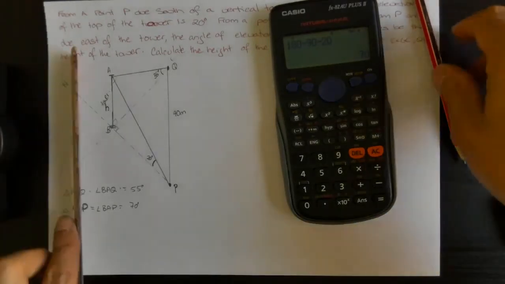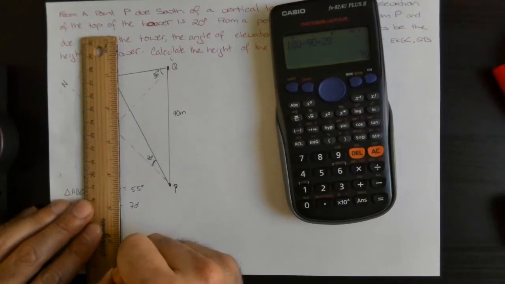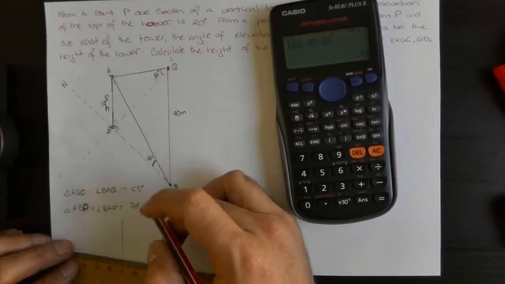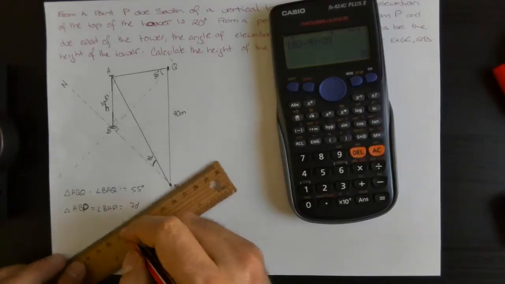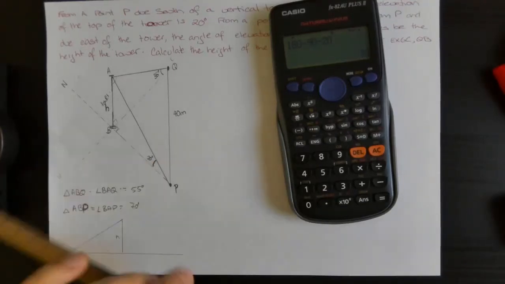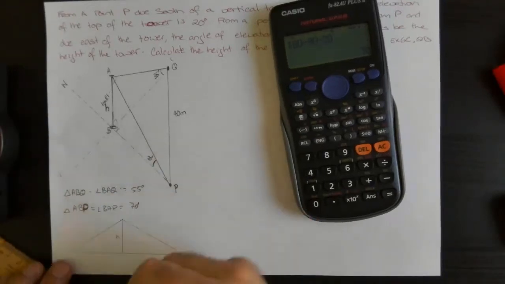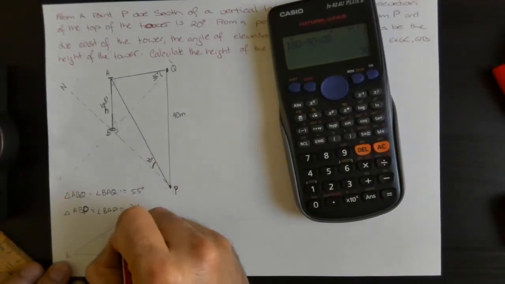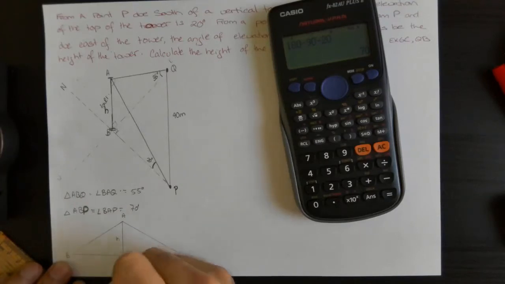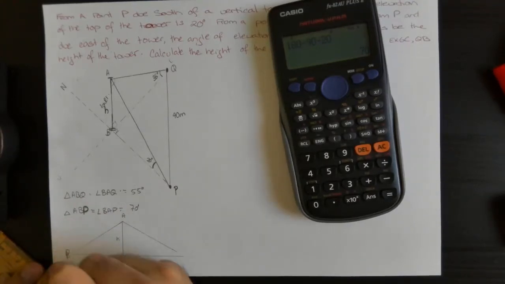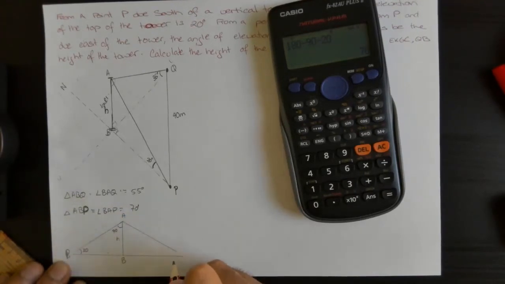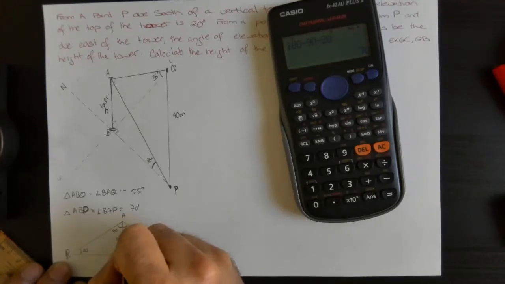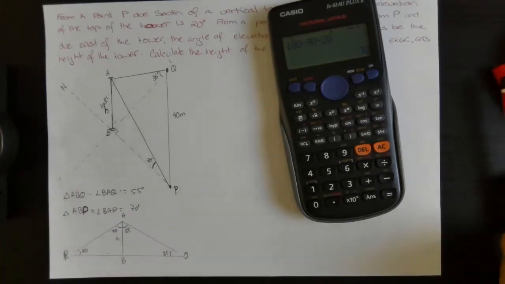We could kind of think of it this way. That's the height of the tower. We've got two triangles out this way. That's B, P, so 20, that's 70. This is Q, this is 35, and that's 55.